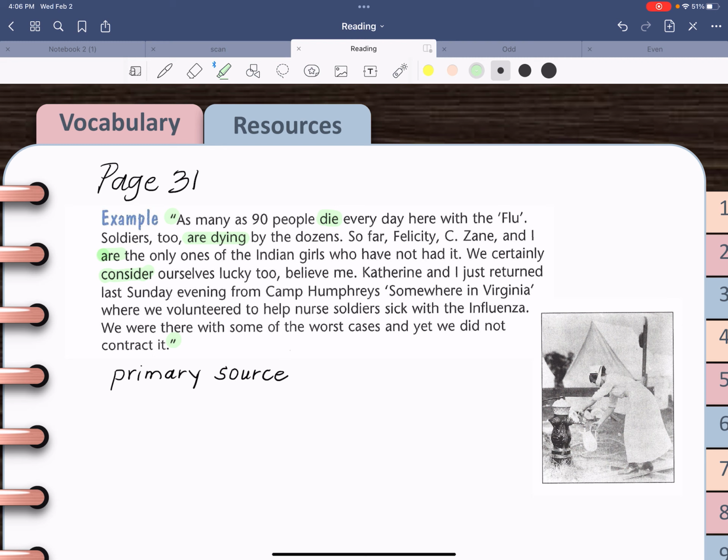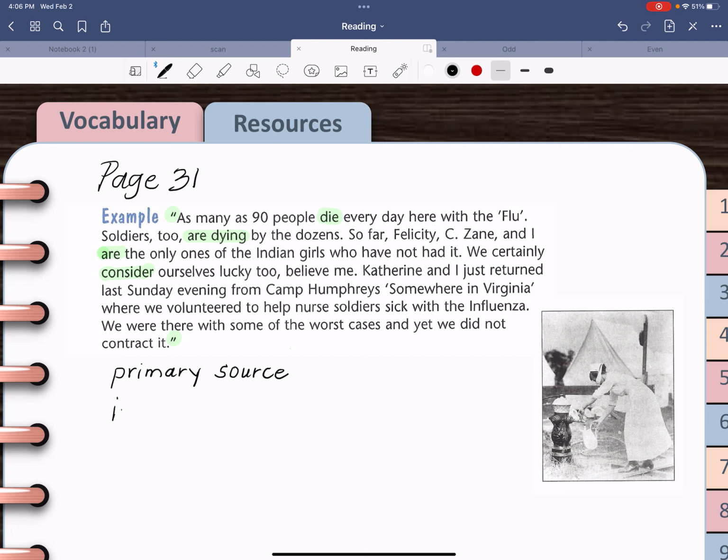I can infer that this is 1918 because I know that this flu attacked the population in that time period. I know that soldiers were sick during that time period. So it doesn't tell me the date, at least not in this passage, but I can infer that it was 1918 as opposed to present day 2022.